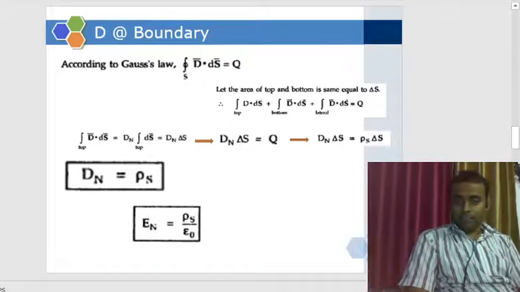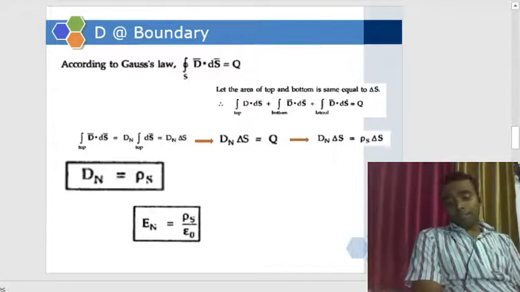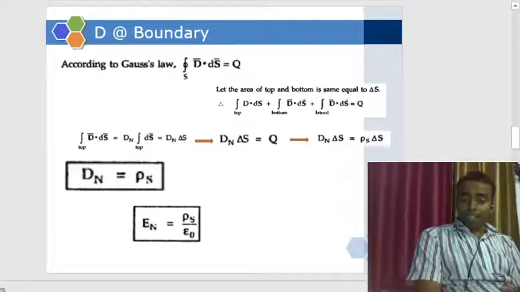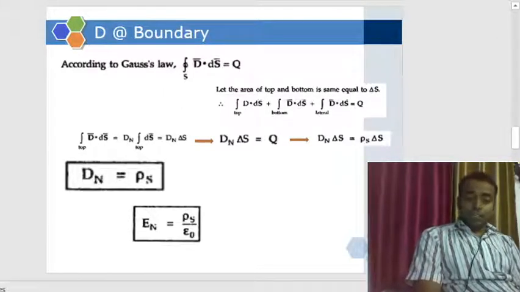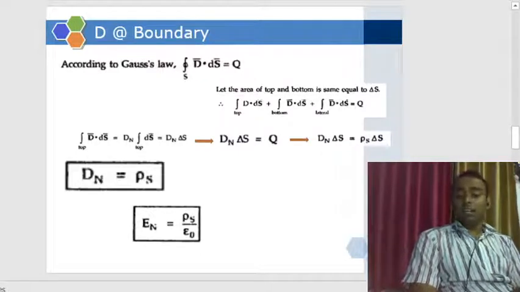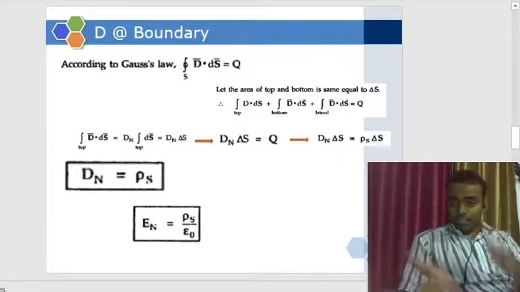Fine. So from top, bottom, and lateral surface we will see again a normal component and tangential component. Okay. So we are interested to find out this surface integral D dot dS is equal to Q for three different surfaces, and we are interested at the boundary.